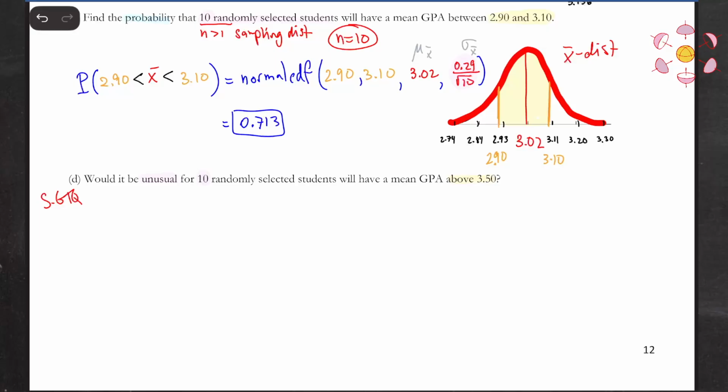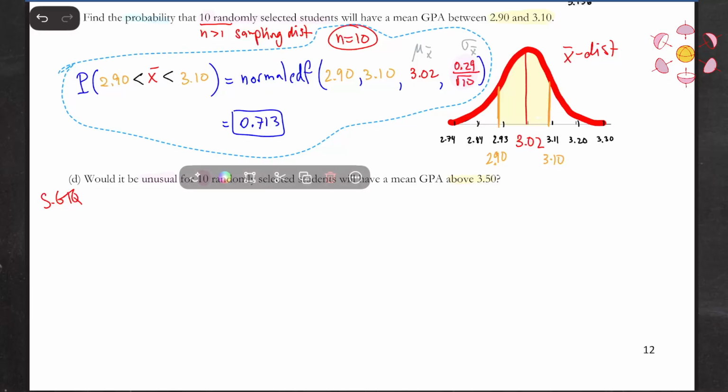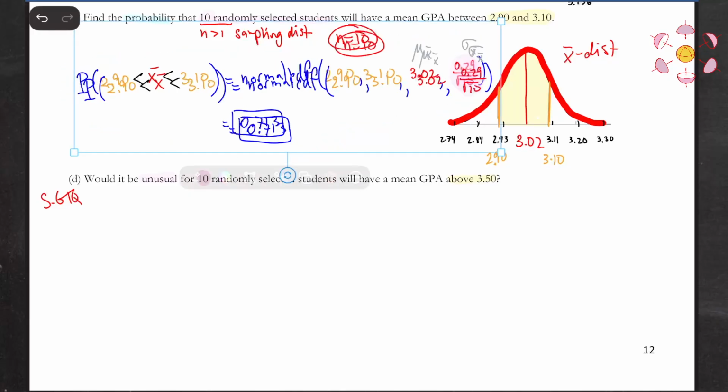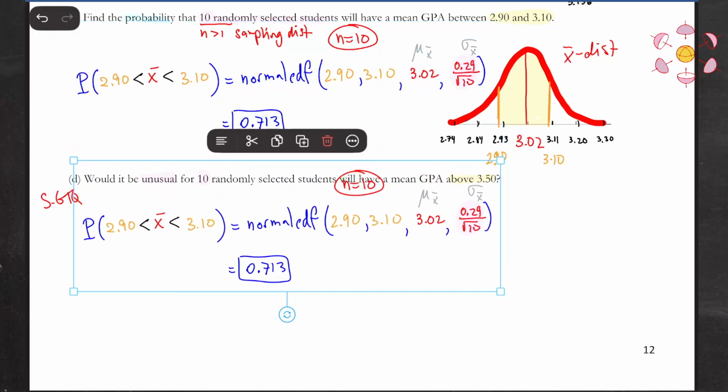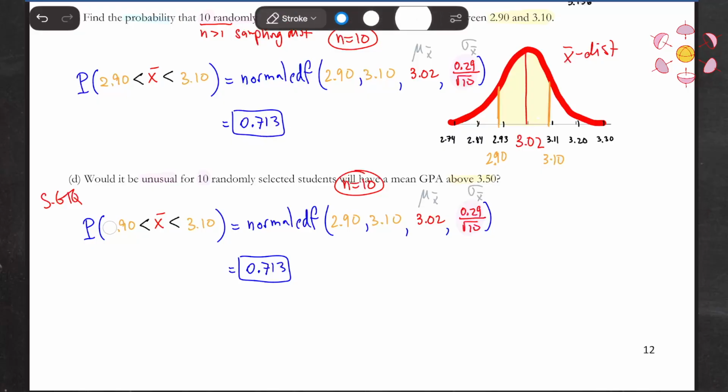Well, actually, what's kind of cool is I'm going to copy and paste the last problem because it's kind of similar. Let me just erase some of the details here.